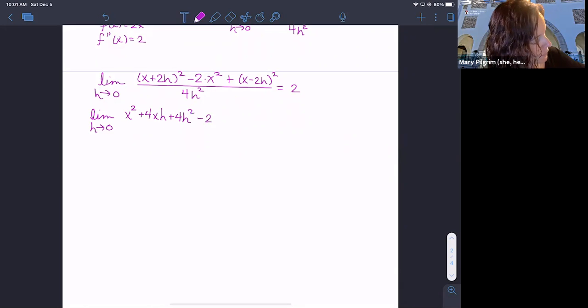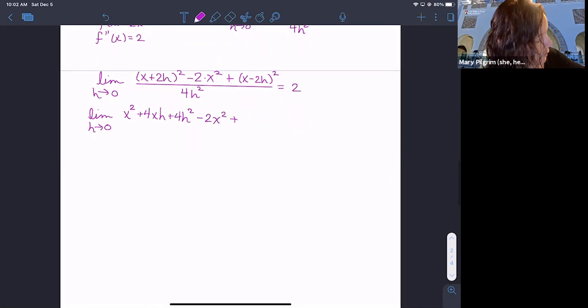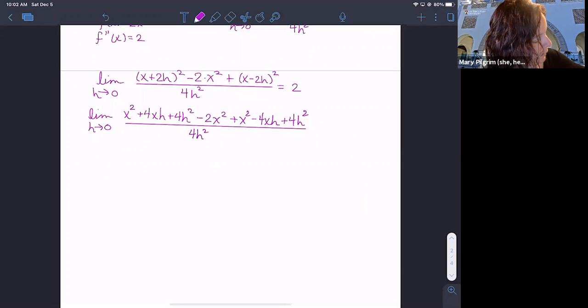And I've got minus 2x squared, multiplying out x minus 2h times x minus 2h. I'm going to get x squared minus 4xh plus 4h squared all over 4h squared. I need to show that that is equal to 2.